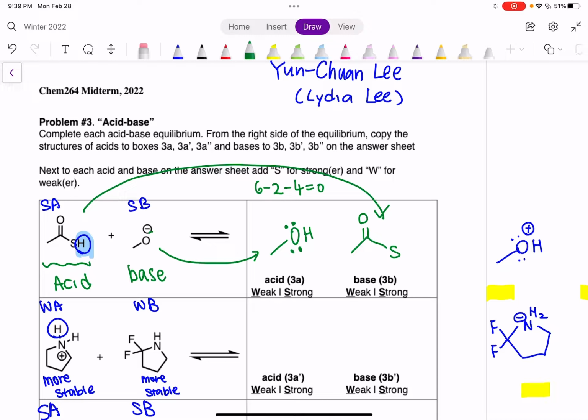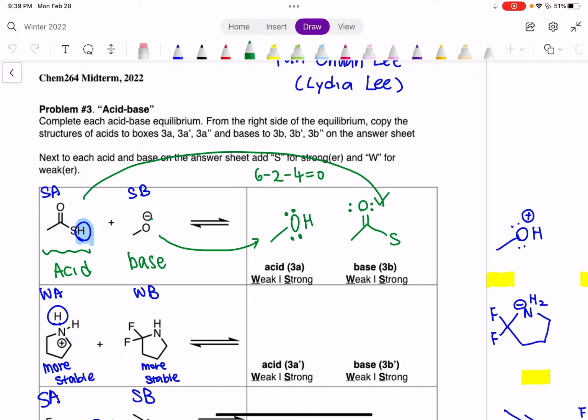And for this one, we have to calculate the formal charge for oxygen as well, but we have to complete the octet. So we have 1, 2, 3, 4, 5, 6. Okay, so it's 6, so it's 0 formal charge. And for the sulfur right here, we have to complete the octet once again.